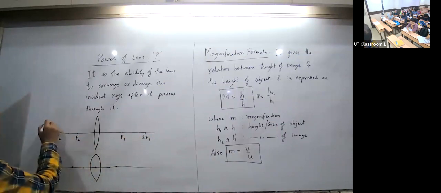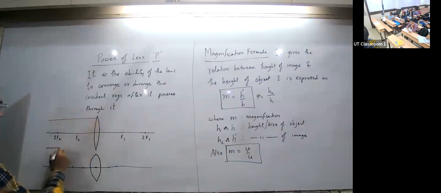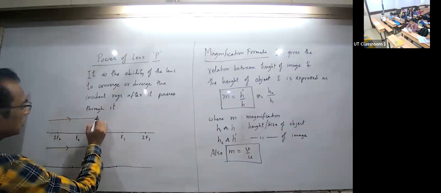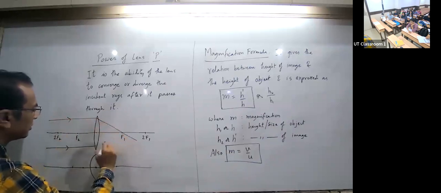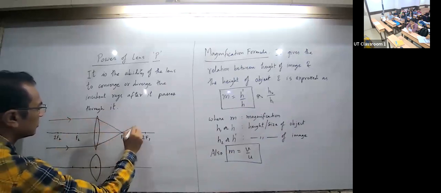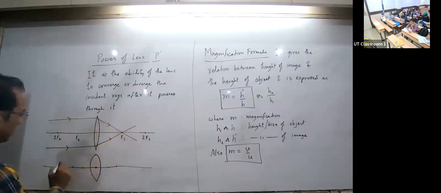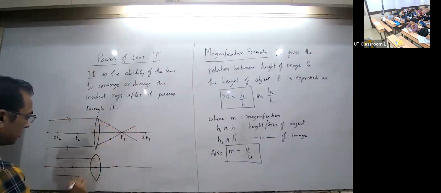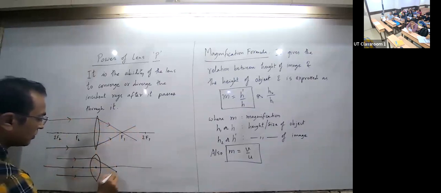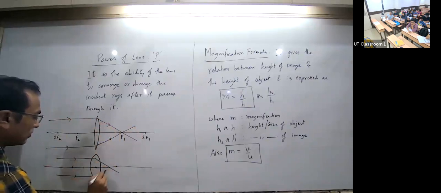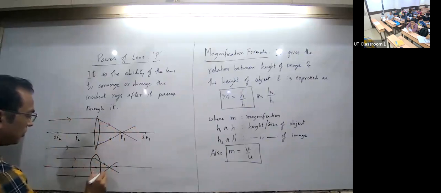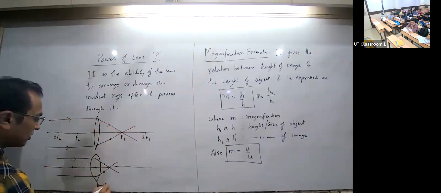Dekho, when you have parallel rays incident, it is converging at f1. And in this case, whose focal length is smaller, the thinner or thicker lens?